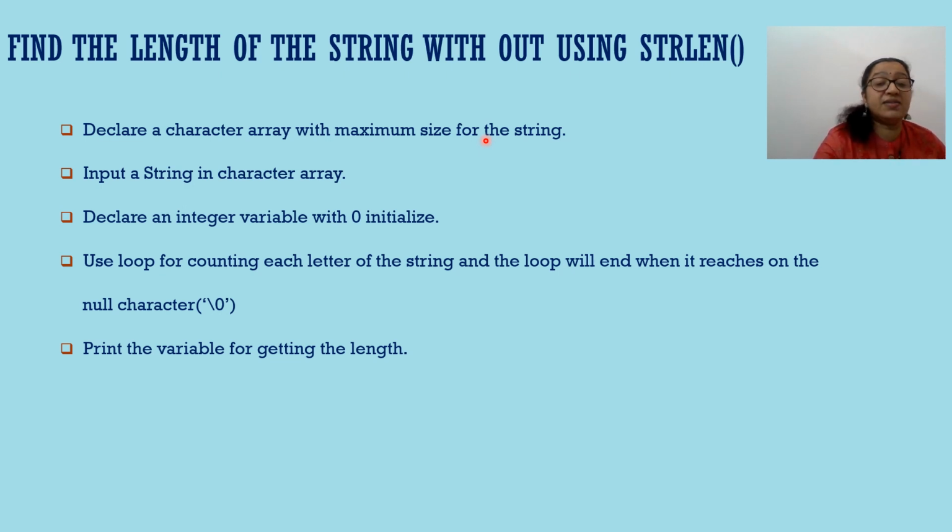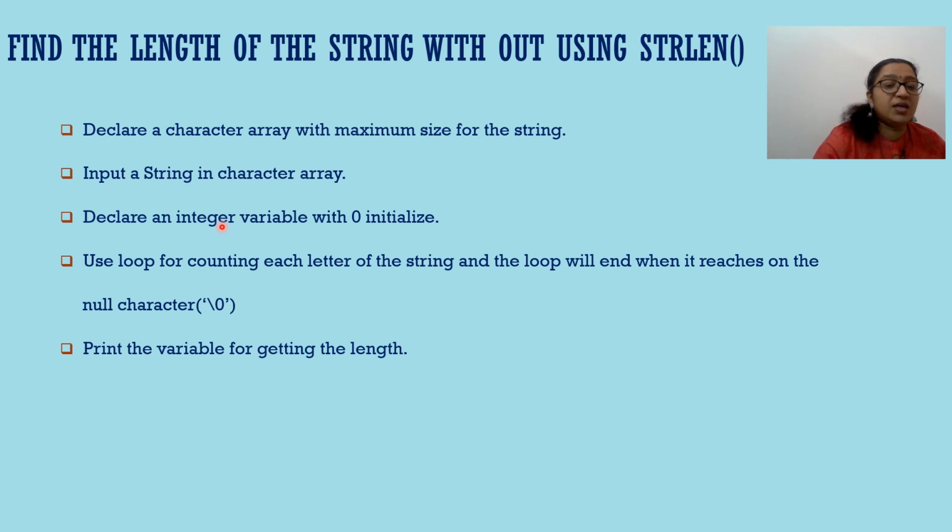And initialize with 0. Why are we initializing with 0? Because it's an array, and the array's index number starts from 0 onwards. So we want to set that point by using this integer variable. So that's why we are declaring an integer variable and we initialized it with 0.